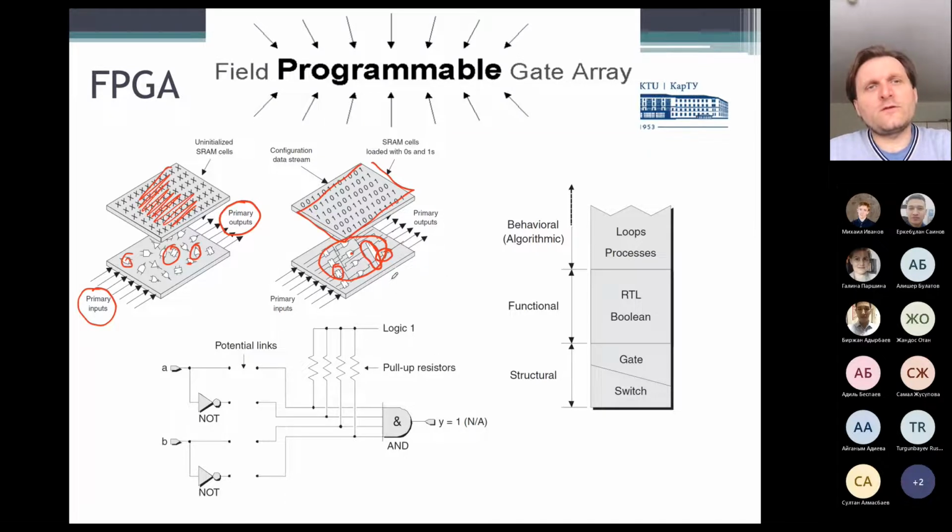But in a field programmable gate array, we make a programmable structure. We put some mask which represents the digital structure. For example, there is the digital structure here.